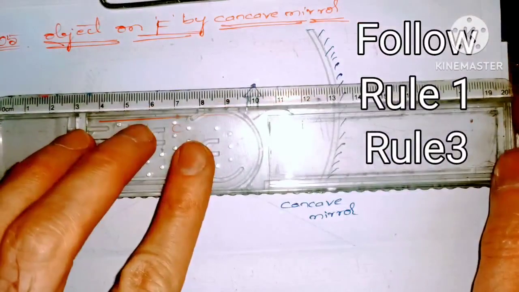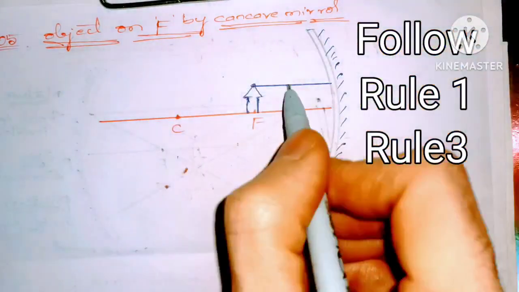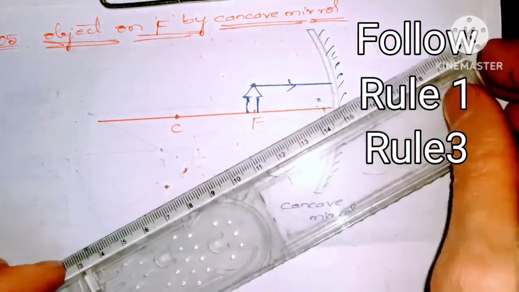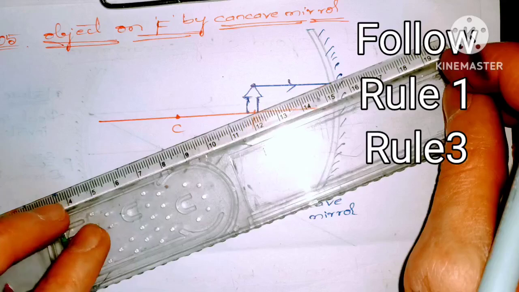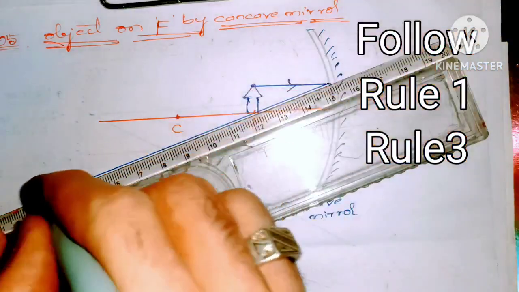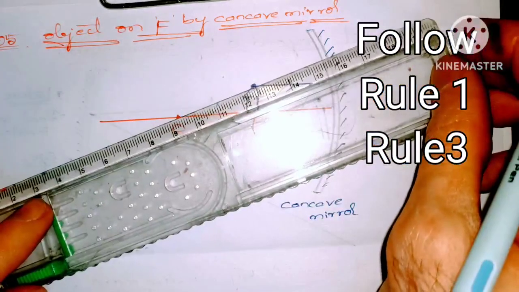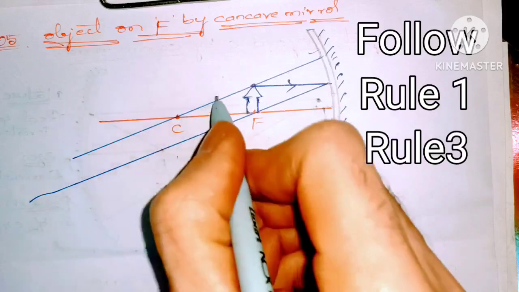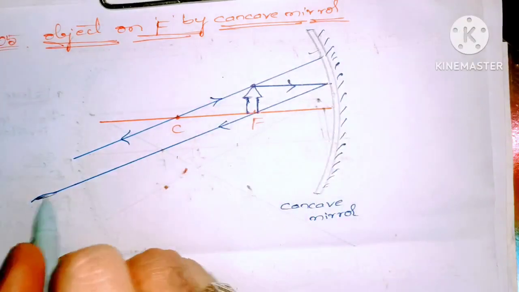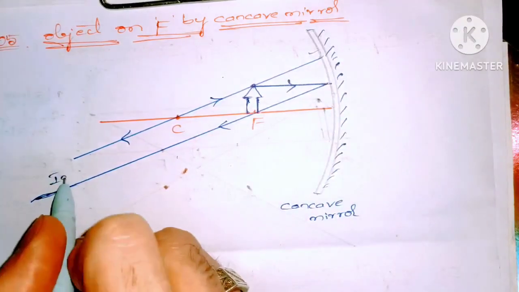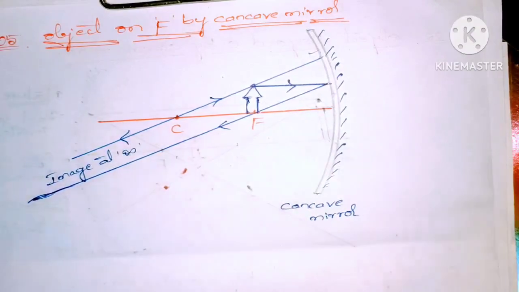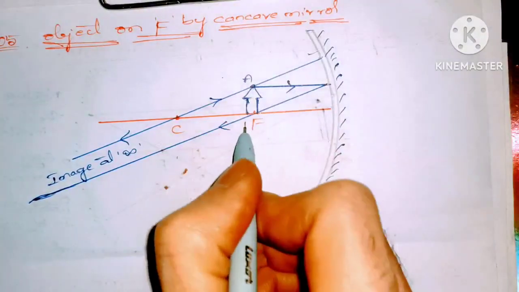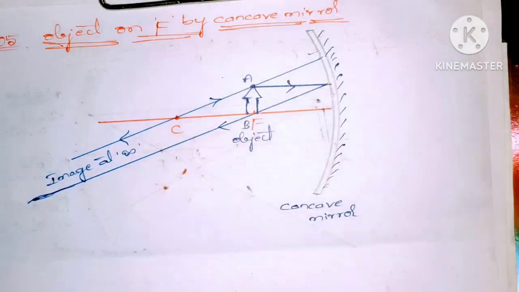Now let's move on to the next construction, object on F. Now the same first rule we have to follow, parallel, and now reflect on F. Rule 1 we have to follow, and thereafter the third rule, the ray which is passing on C will reflect on C only. And now you check here, the lines never intersected, we got parallel lines, so the image is formed at infinity position.